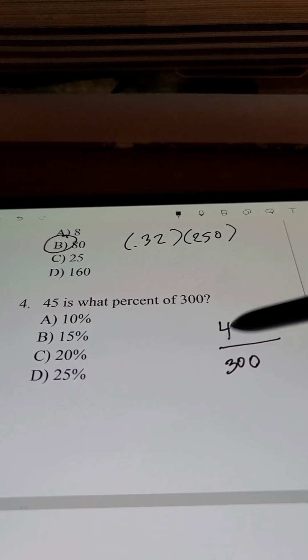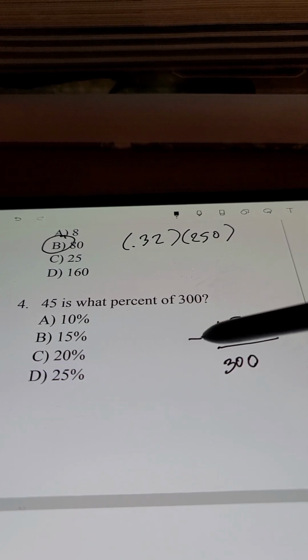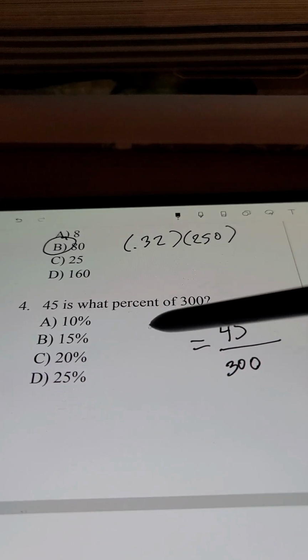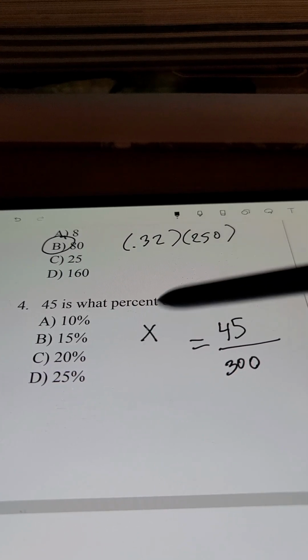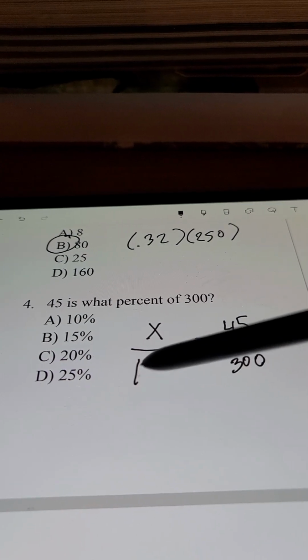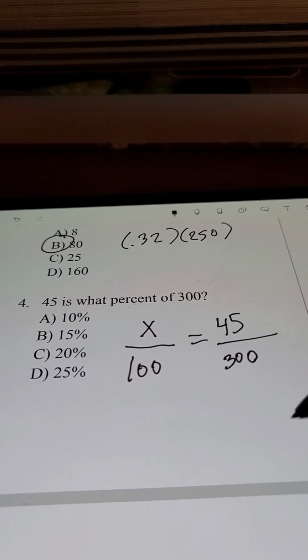So it would be 45 is the part we're talking about out of the whole 300. And if we're thinking about a percentage, the part that we're being asked about, X, would be the part out of the whole 100%. So it's part over whole equals part over whole.